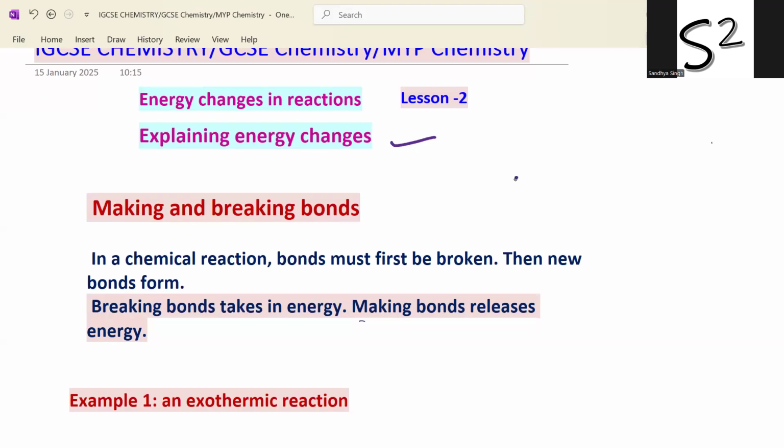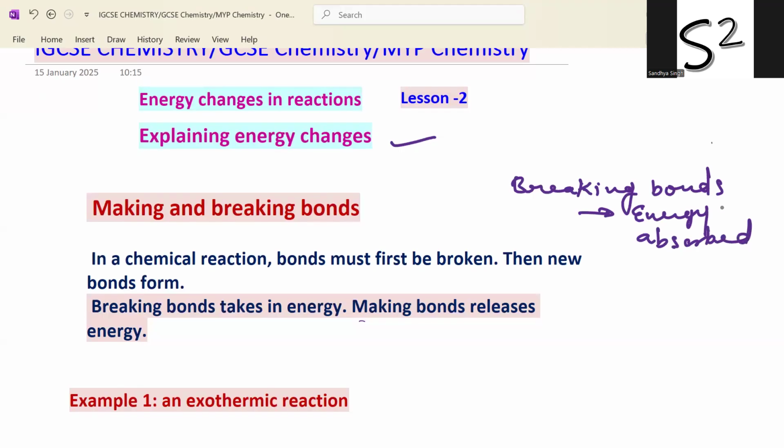Breaking bonds takes in energy. When bonds break, energy is absorbed.